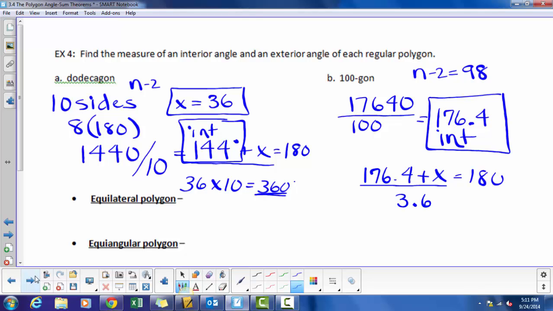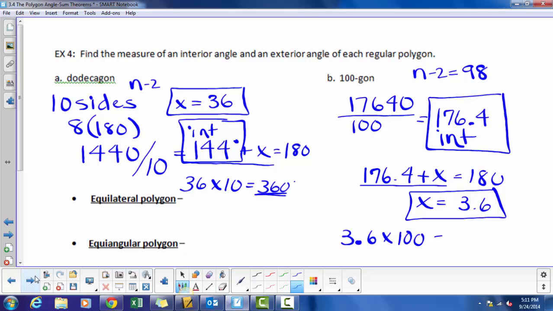So my exterior angle is 3.6. The measure of the exterior angle is 3.6. Again, you can check that: 3.6 times the number of sides had better equal 360. And it does.